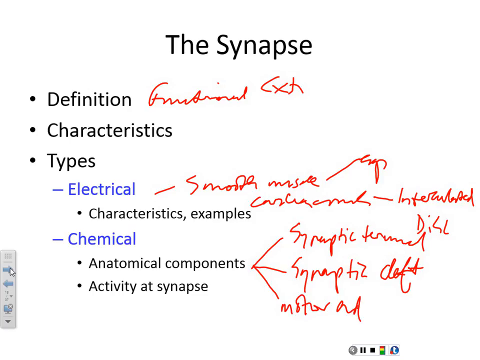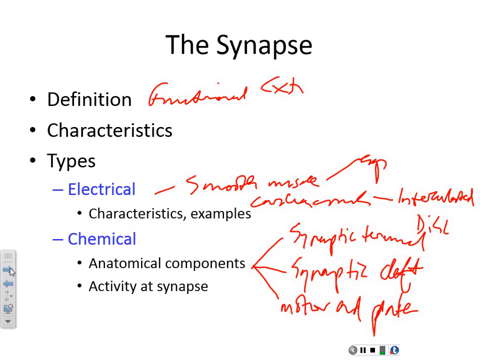Remember what's on the motor end plate? Those ligand-gated channels that receive the neurotransmitter, whether it be acetylcholine and so forth, or serotonin, dopamine, whatever the neurotransmitter is. Okay. And also it has enzymes that will break down the neurotransmitter, like acetylcholinesterase, right?